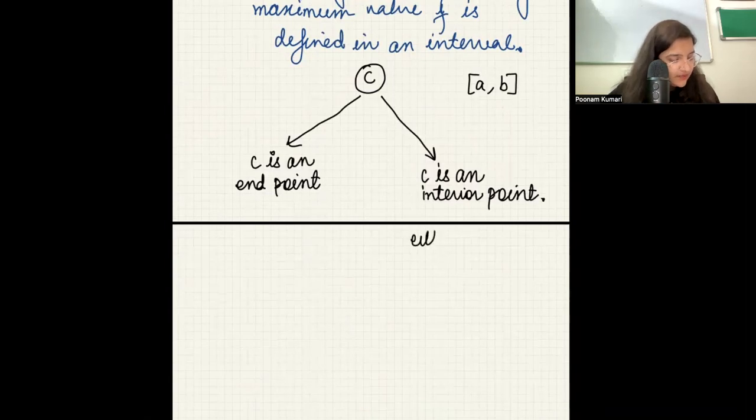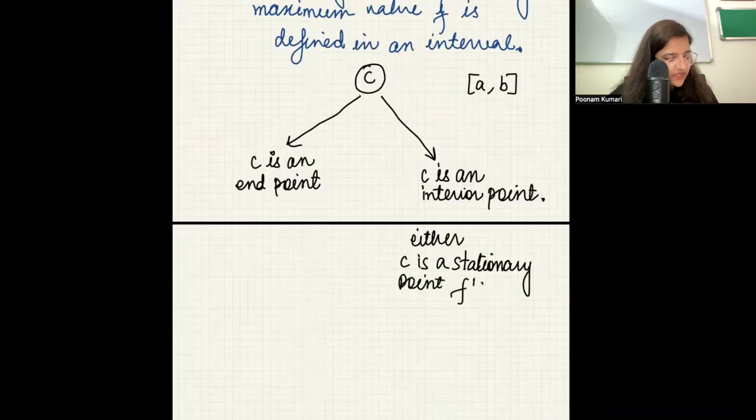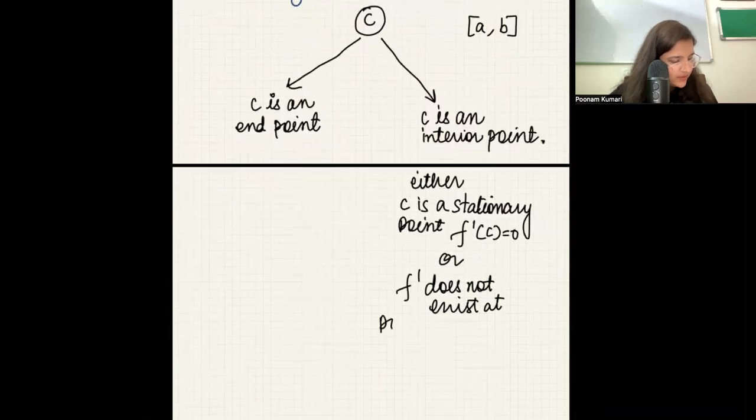So either C is a stationary point, and stationary point meaning what? That f'(C) equals 0, or f' does not exist at point C. Okay.